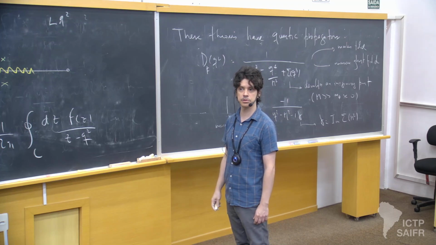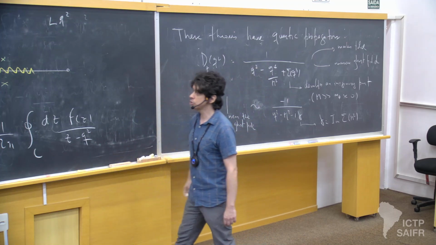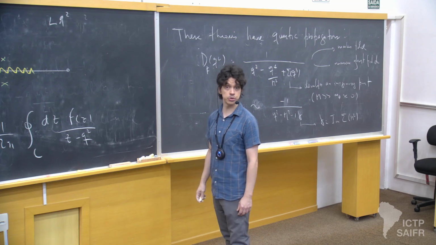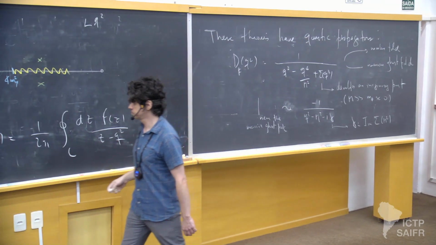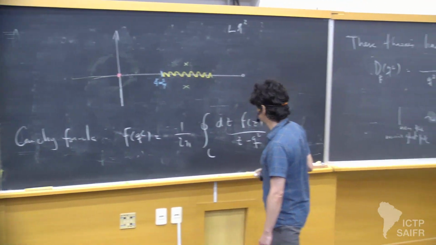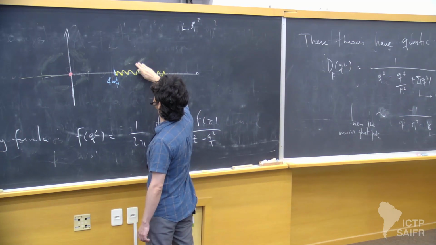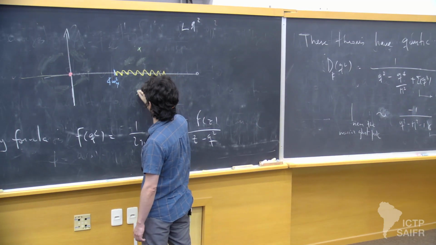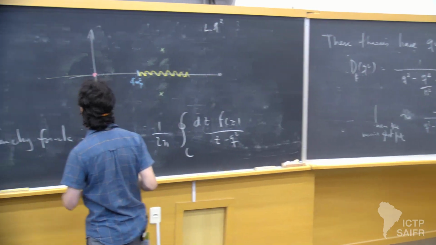That's what the Cauchy formula tells us. For a given contour. So what should be the contour here? It should be a contour that doesn't have these contributions, but at the same time is counting on them.